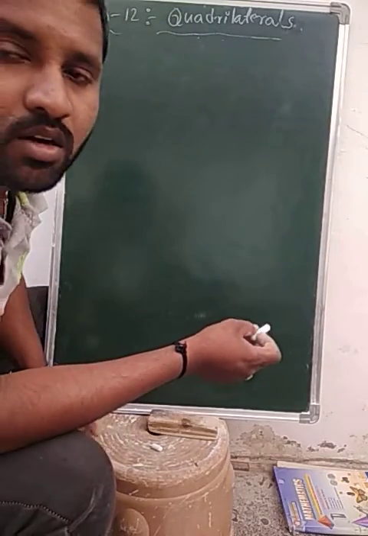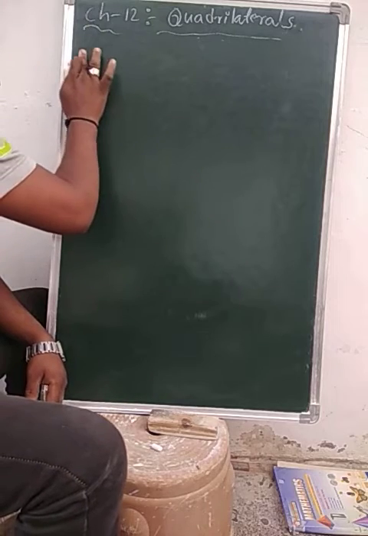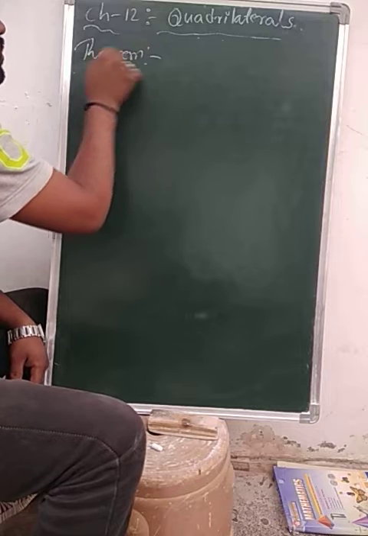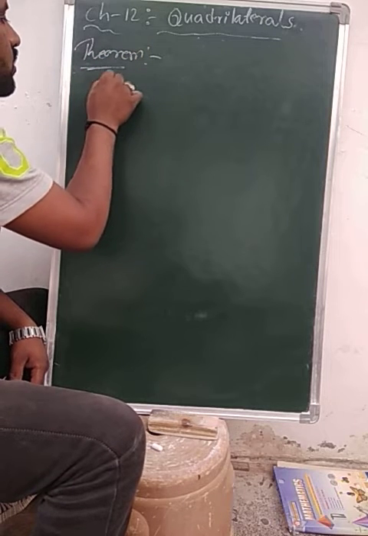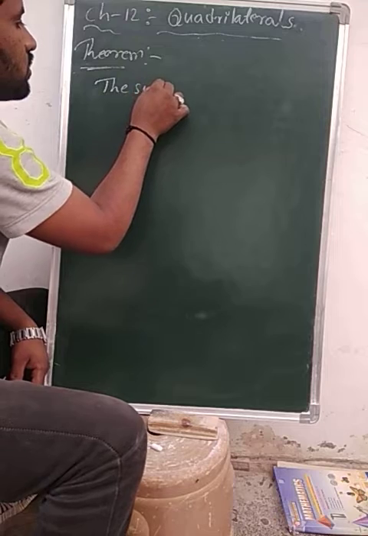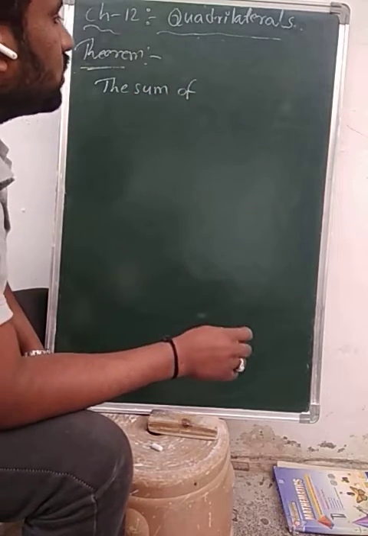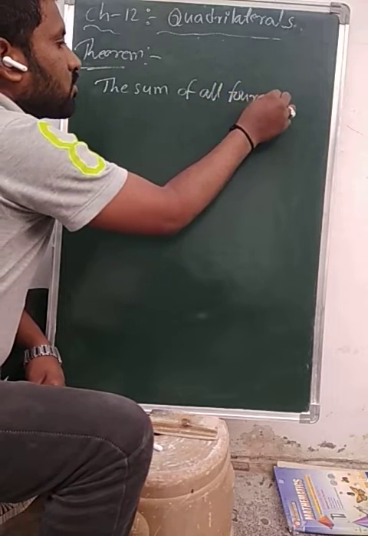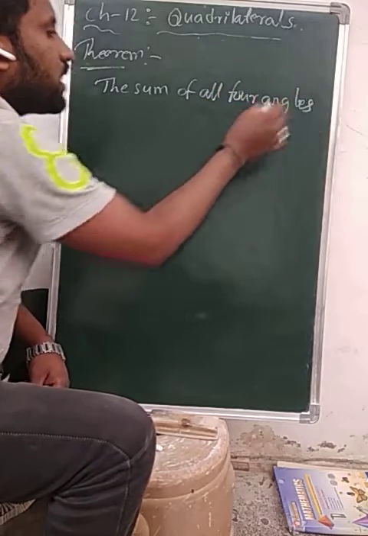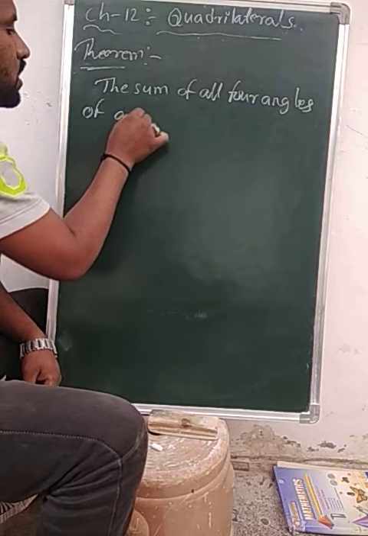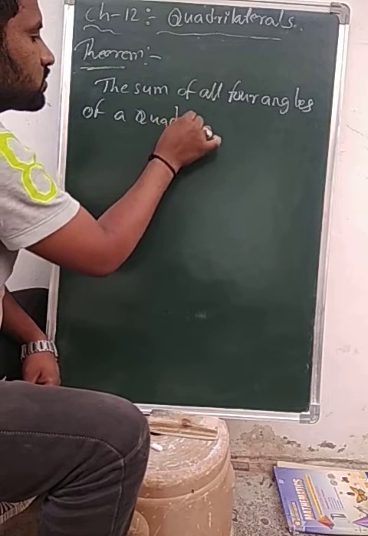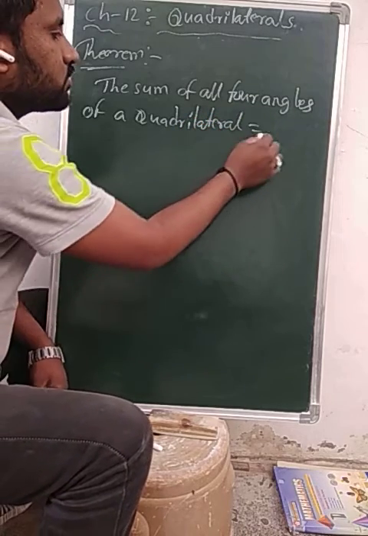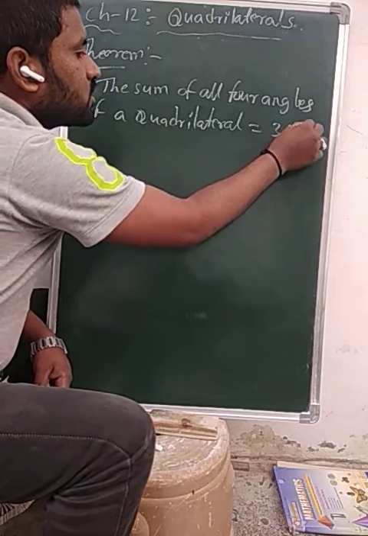Now, the angle sum property of a quadrilateral. What name? Theorem. The sum of all four angles of a quadrilateral is equal to 360 degrees.